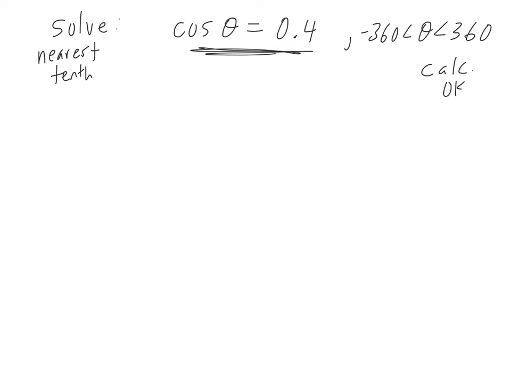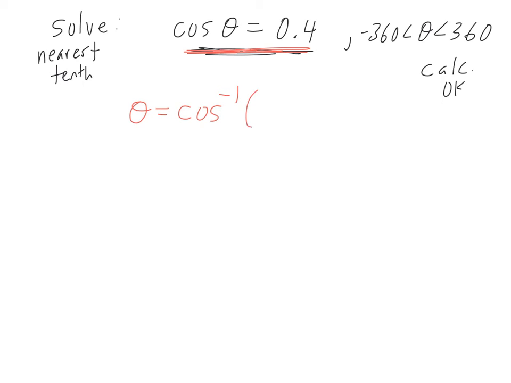So, same problem, but if we are looking at this right here, cosine of theta equals 0.4, and we're trying to solve for theta, to undo our cosine here, we use what we call inverse cosine. On your calculator, you'll find the inverse cosine above cosine.